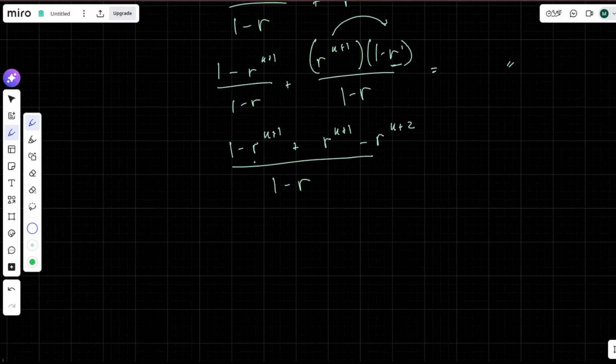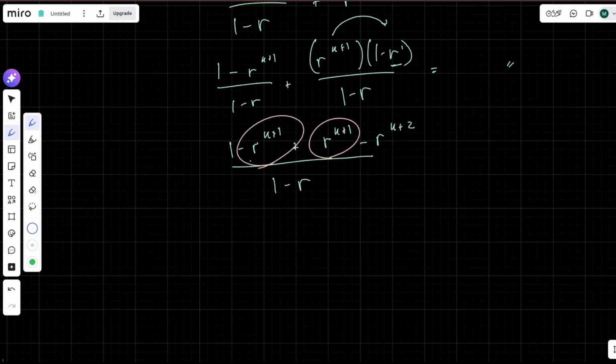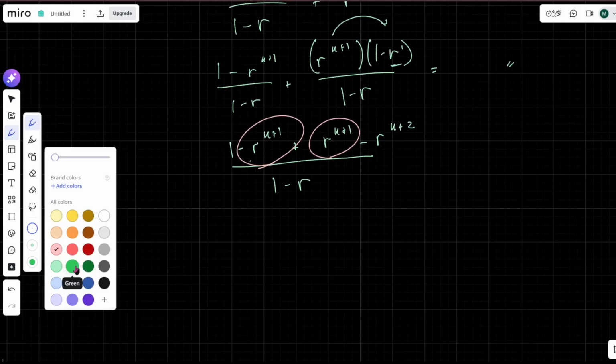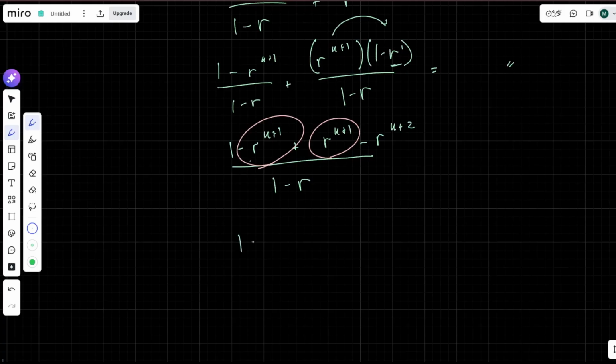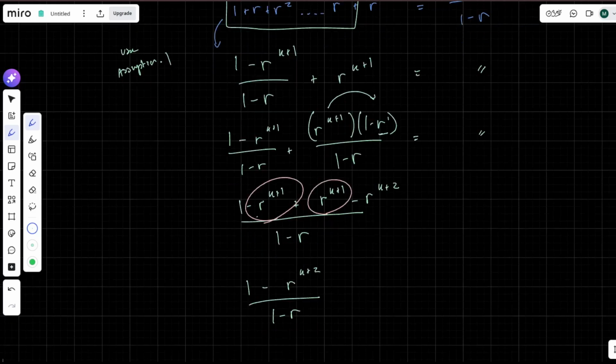What I'm noticing here now that we've expanded this is it looks like these terms in the middle are going to cancel each other out, and we're going to be left with 1 minus r^(k+2), and then on the bottom we're going to have 1 minus r. Now, here's the question. Is that what we were looking for? Pretty close.